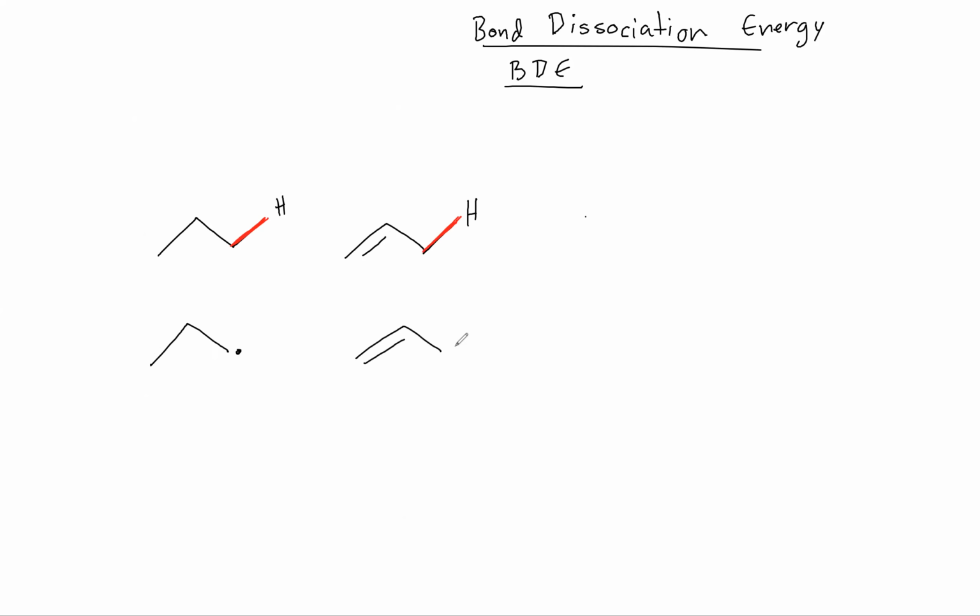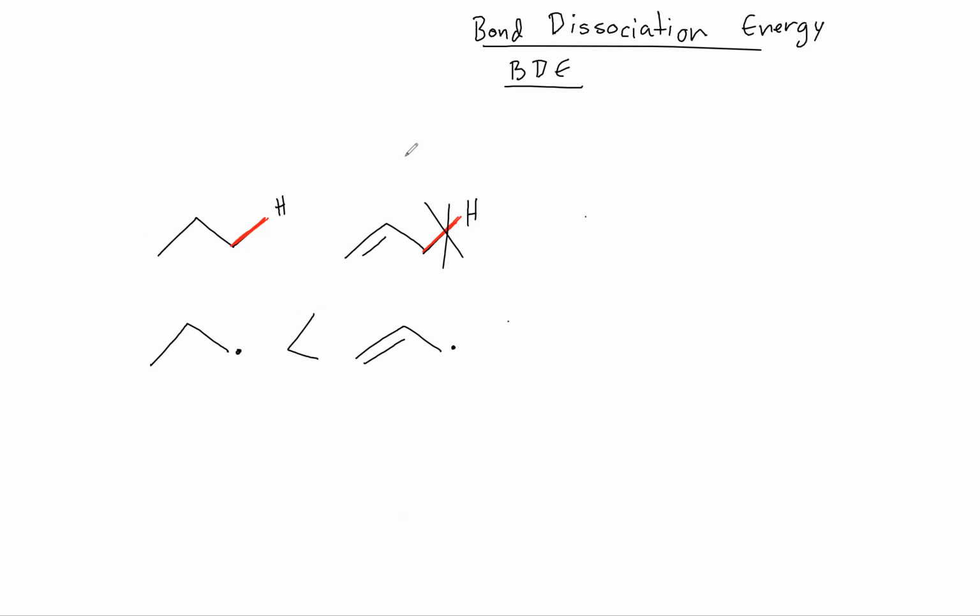If I take away that hydrogen right here, I end up with an allylic radical. So the allylic radical is going to be far more stable than the primary radical. So what this means is that it's going to take less energy to break that bond. So that means that this is going to have a smaller bond dissociation energy.